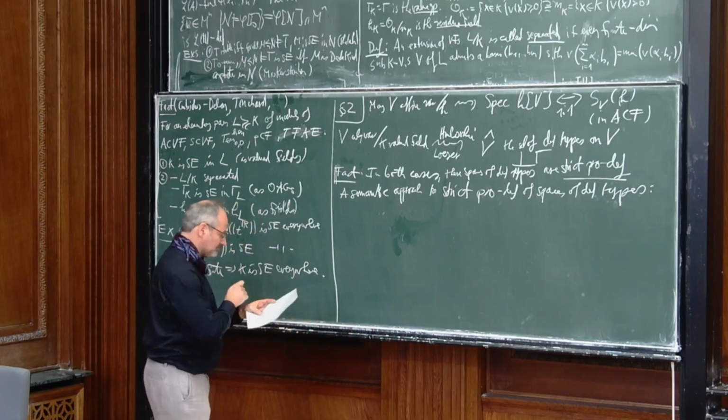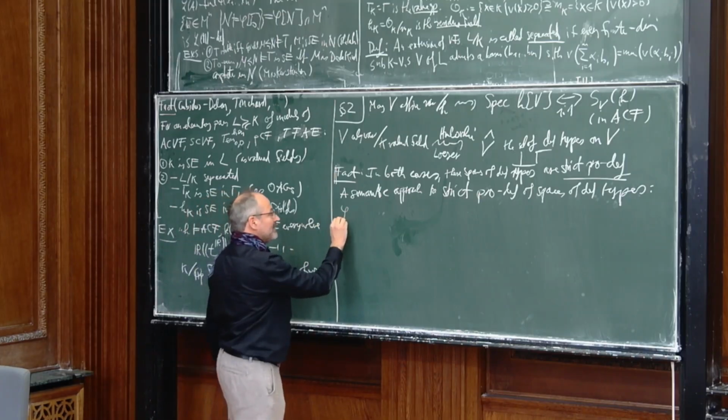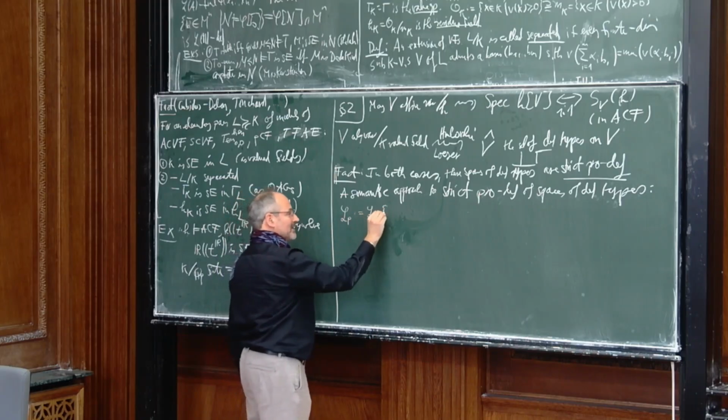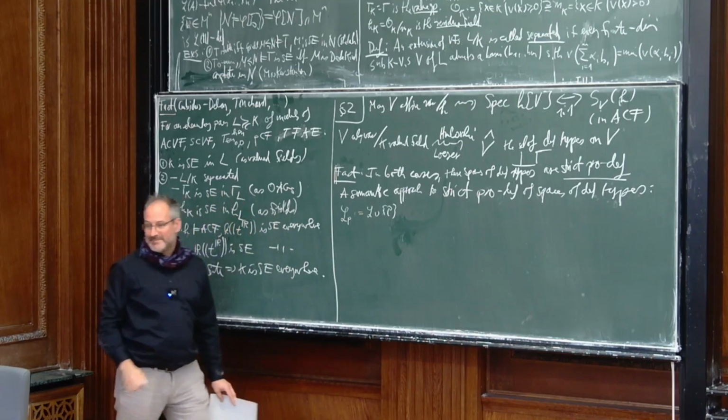Okay, so we work in the language of pairs. If L is my original language, let's say L_P, you add a unary predicate, so now I can single out a subset.